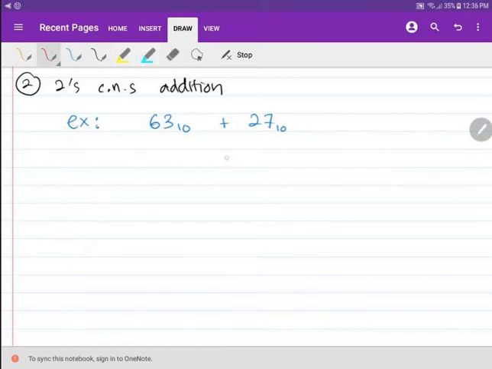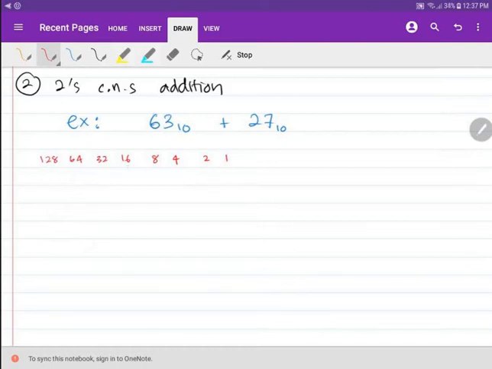We'll write 1, 2, 4, 8, 16, 32, 64 and 128. Do you all know how I got these weightages? This is 2 to the power of 0, 2 to the power of 1, until 2 to the power of 7. Got it?